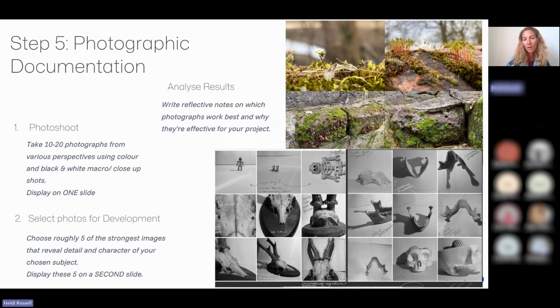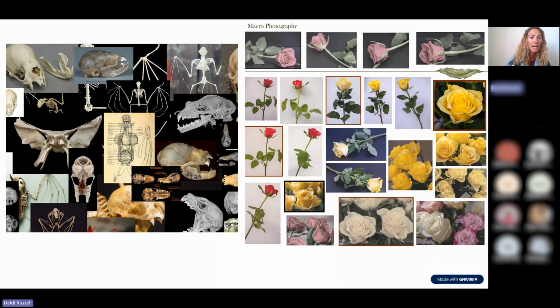So move this. Here's some more examples. Again, more images here. We've got, I've put the flowers on. If flowers is your direction as well, remember you can go down the bones route, the stones route. You've got flowers, you've got plants.